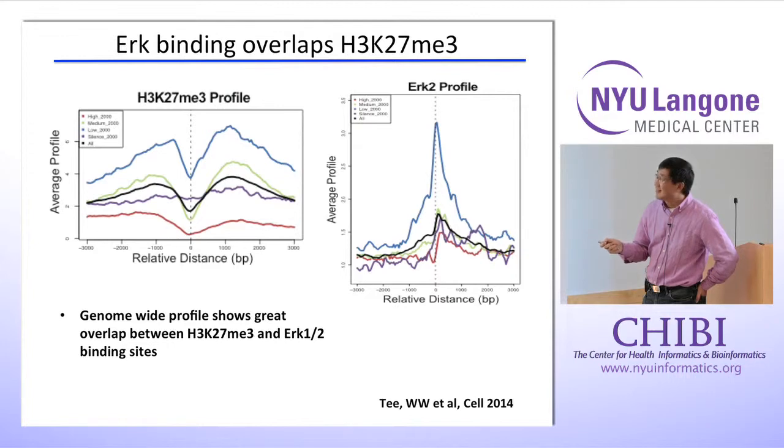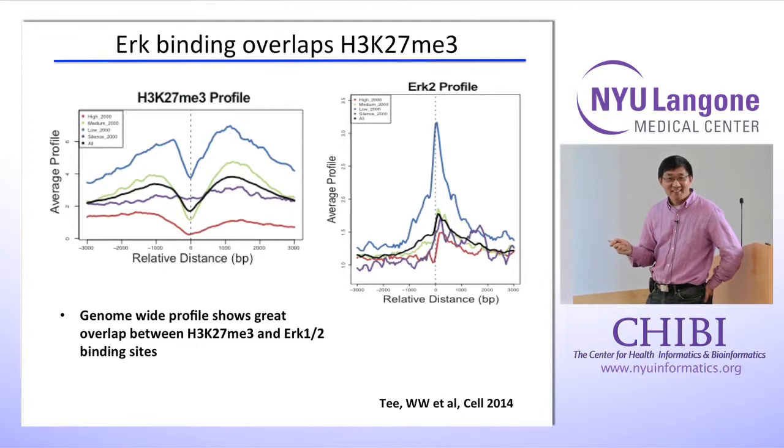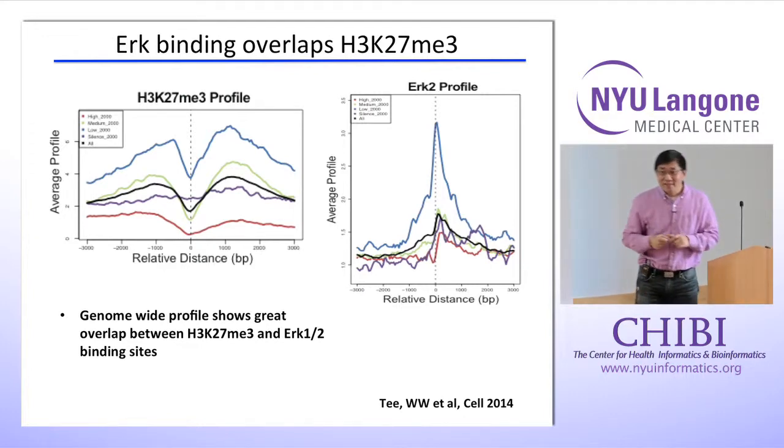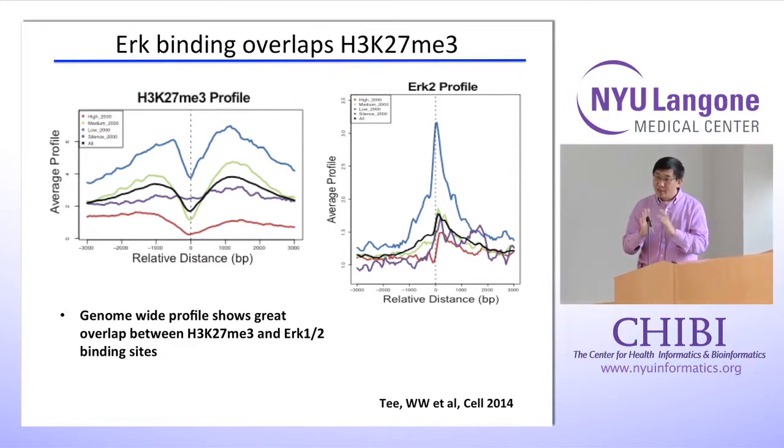People understand that K27 trimethyl really occupies the low expressed genes. This also tells us ERK occupies those low expressed genes. Do you agree? This is the message we would like to give: ERK and K27 coexist in the genome.